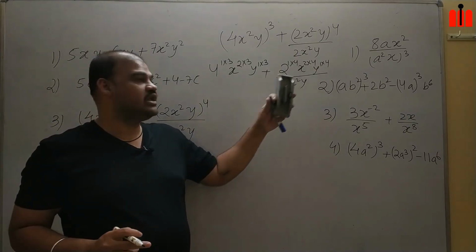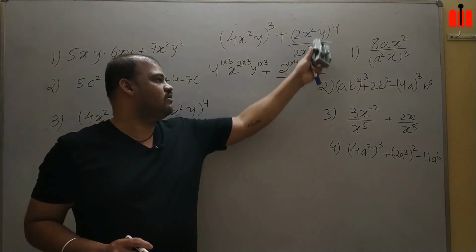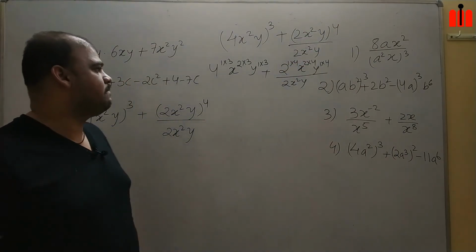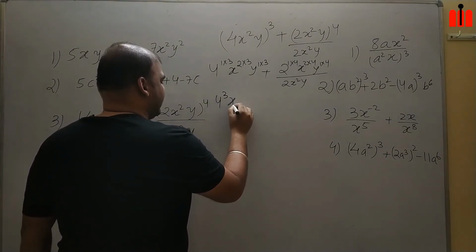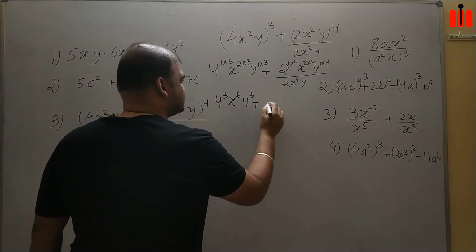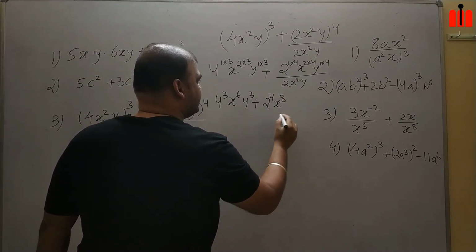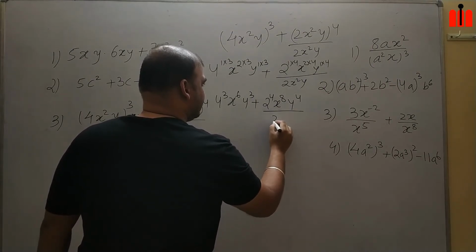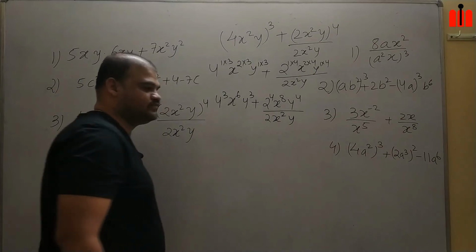So 1 into 4, x to the power of 2 into 4, y to the power of 1 into 4, divided by 2x square y. Now this will become 4 cube x to the power of 6 y to the power of 3 plus 2 to the power of 4 x to the power of 8 y to the power of 4 divided by 2x to the power of 2 y.